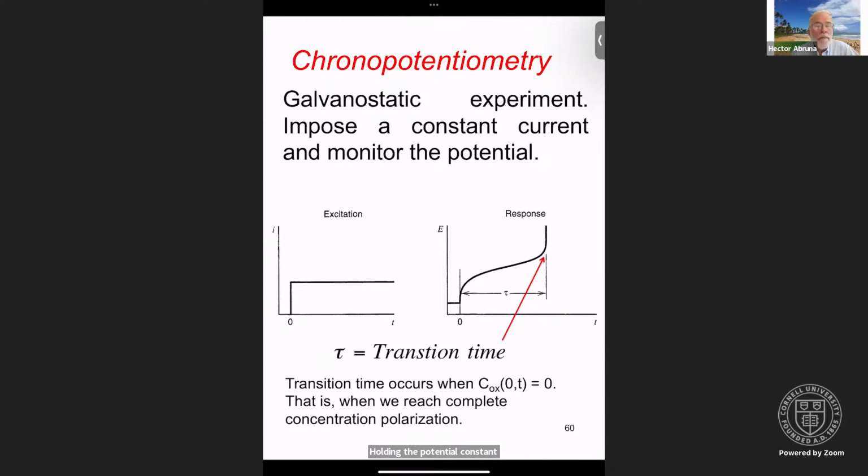That is chronoamperometry. A variant of that is called chronopotentiometry. It's galvanostatic, meaning we control the current. So we impose a constant current and monitor the potential. Thus, chronopotentiometry, because we're measuring the potential as a function of time.